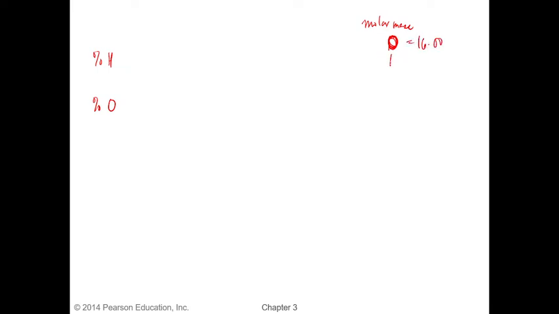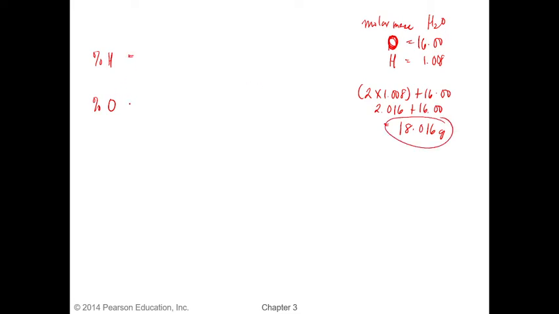And then your hydrogen is 1.008. So para makuha mo yung molar mass ng water, you just multiply 2 times 1.008 plus the 16. So this one is 2.016 plus 16.00. So you have 18.016 grams. So this is the total mass ng water.